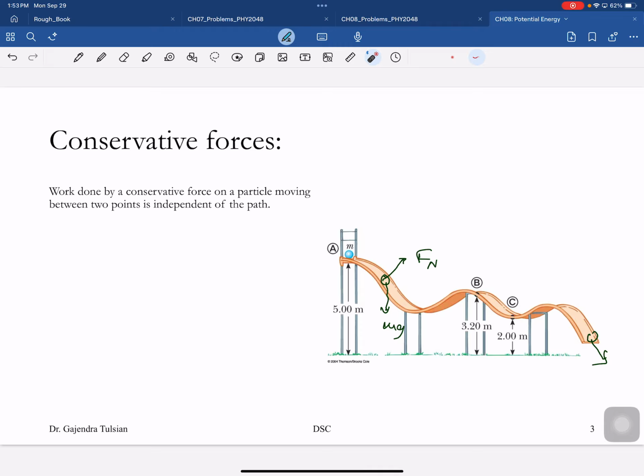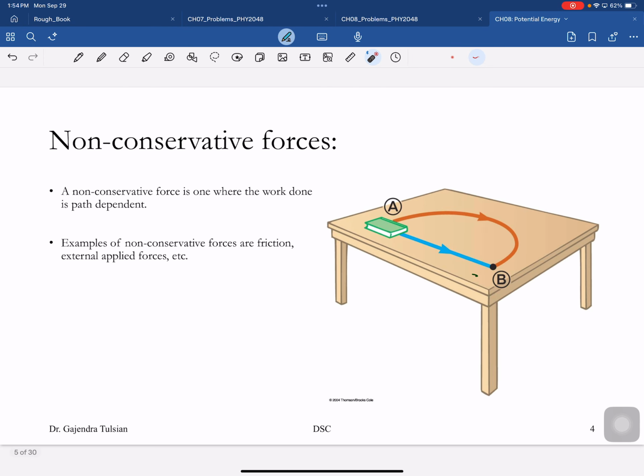Of course, you can't have any bumps that are higher than this, then it won't get there. Friction force is a non-conservative force, or if you're pushing this book, that's a non-conservative force. So the work you do will depend on what path you take. So for a non-conservative force, the work done is path dependent.